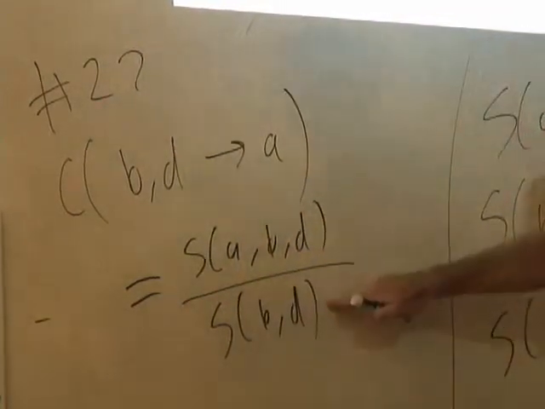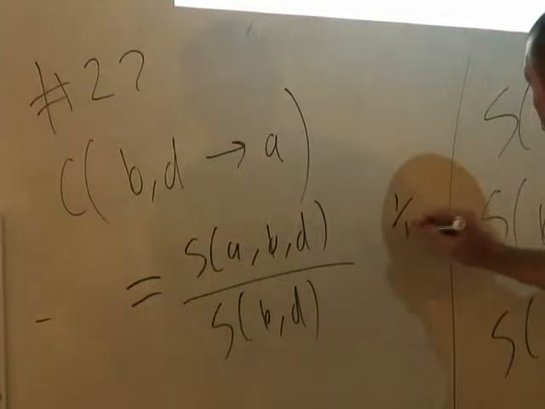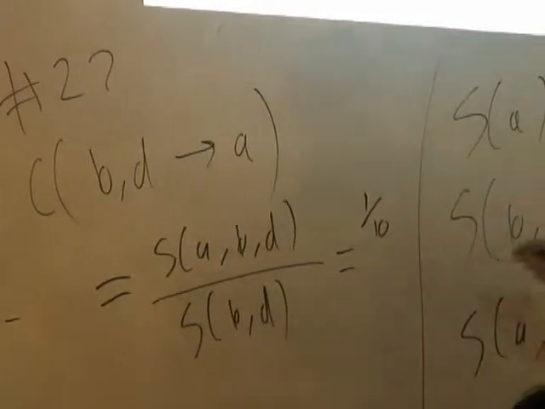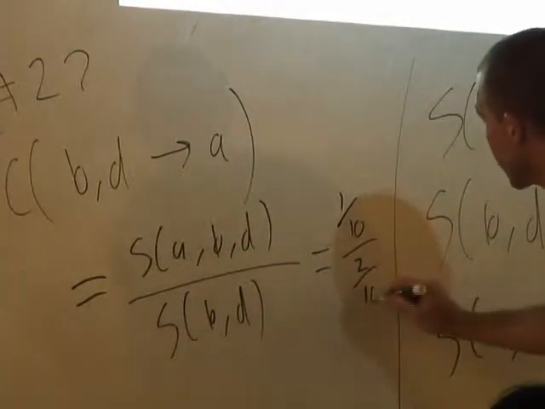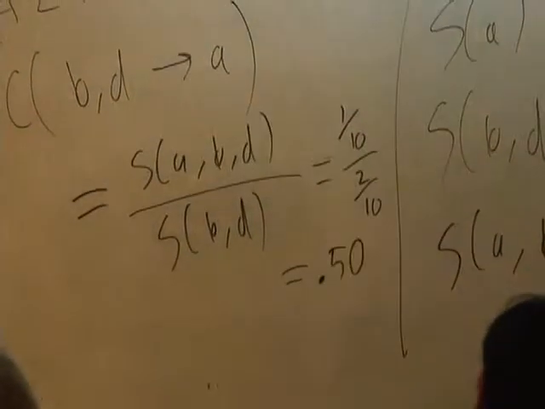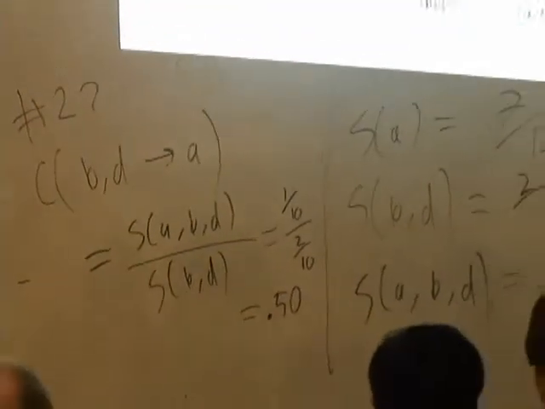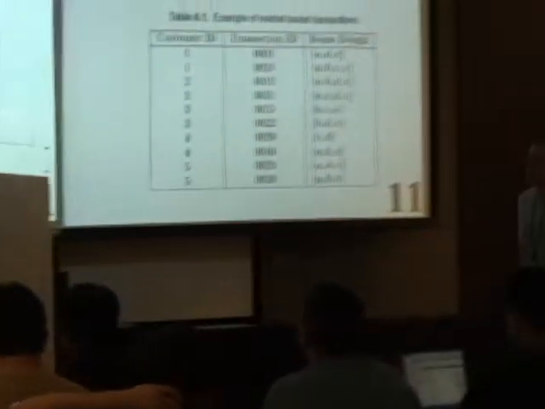Out of all those that contain B and D, how many also contained A? And so the top here is 1 out of 10, and then the bottom here is the BD 2 out of 10. So this rule, we would say, has confidence 50%, right? 0.5, 1/2. So half of the transactions that contain BD also contain A. That's what's called the confidence of the association rule.